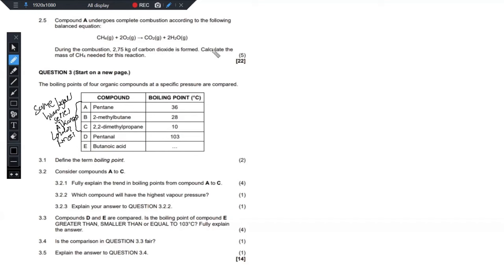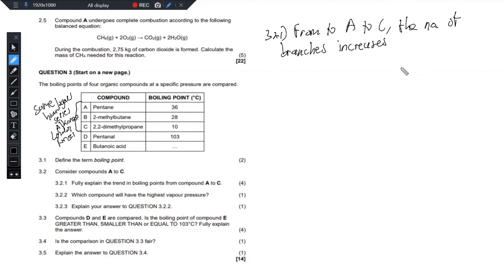So that means from A to C, the number of branches increases, which means this results in a decrease in surface area.